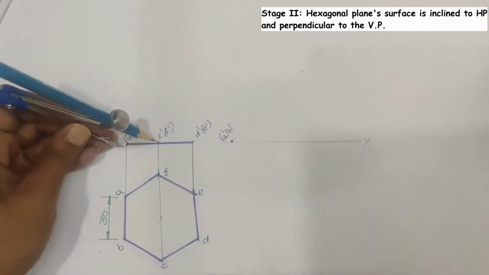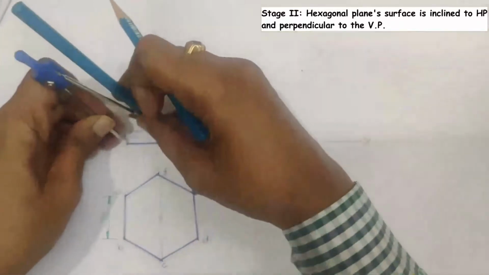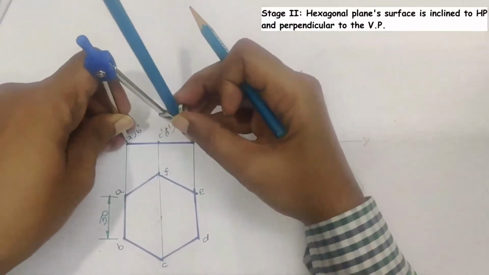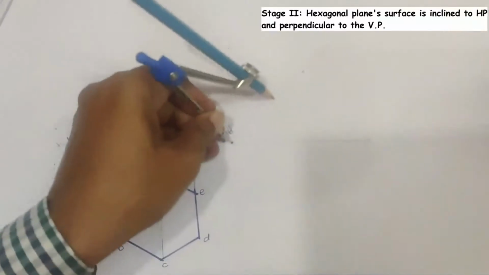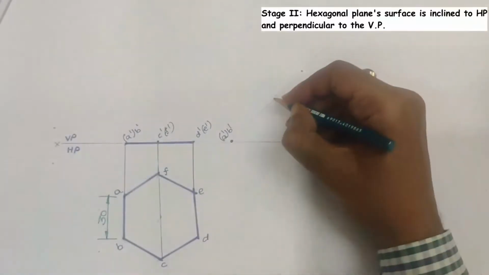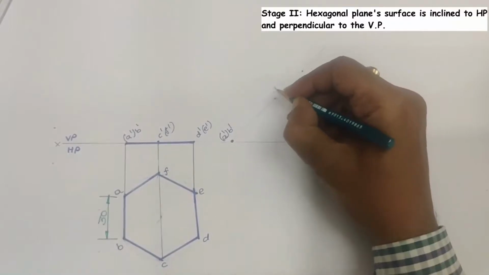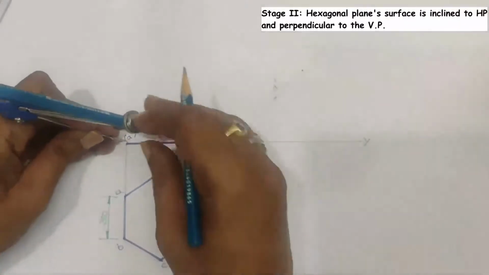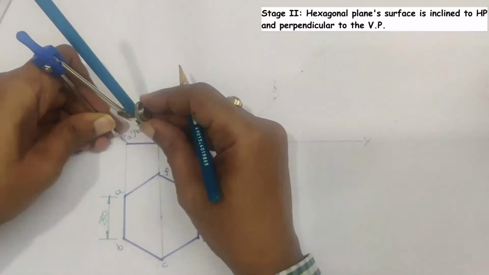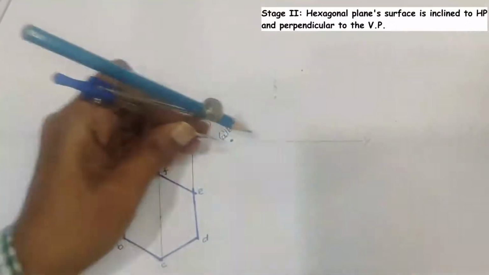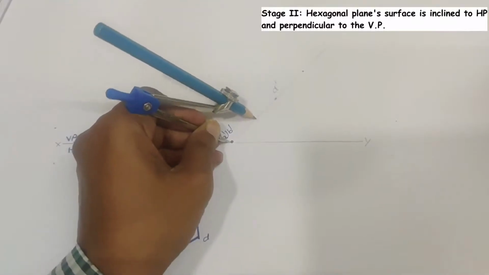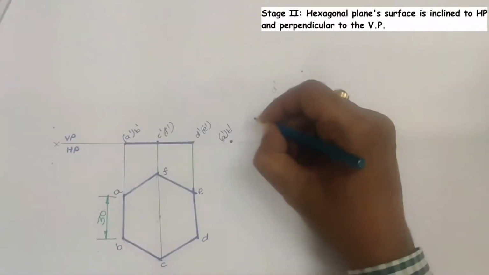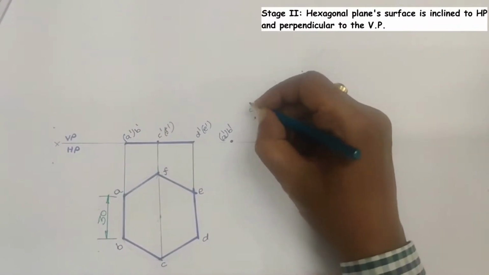For that, take A dash D dash as a radius, A dash as a center, draw an arc, then name this point as D dash. Then take A dash C dash as a radius, A dash as a center, draw an arc on the A dash D dash line, then name this point as C dash.